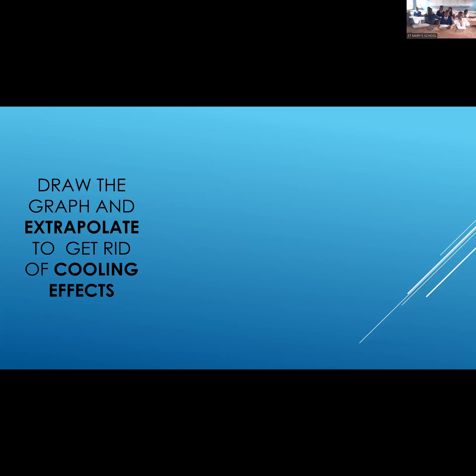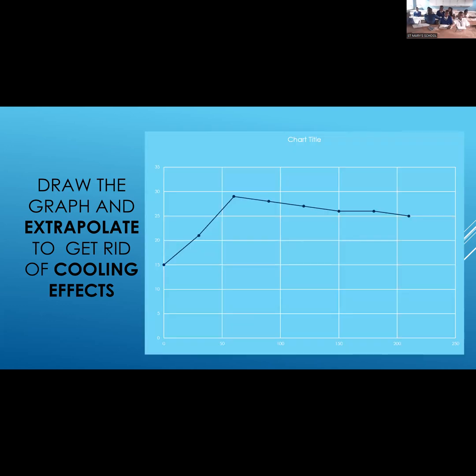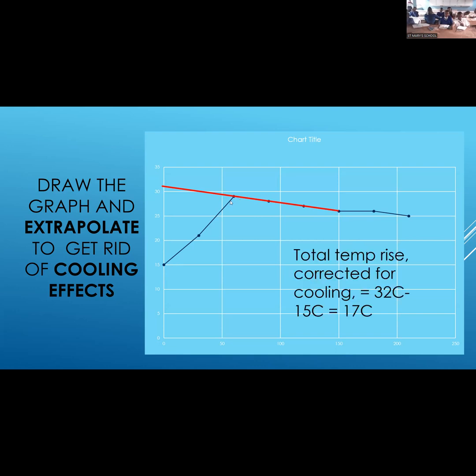Okay, so we drew the graph. We run the cooling curve backwards until it gets back to directly above where the temperature started when we added the sodium hydroxide. So it's 15 up to, well, this looks like about 32, maybe 31.5. I don't know. Let's say it's 32. So the total change is 17.